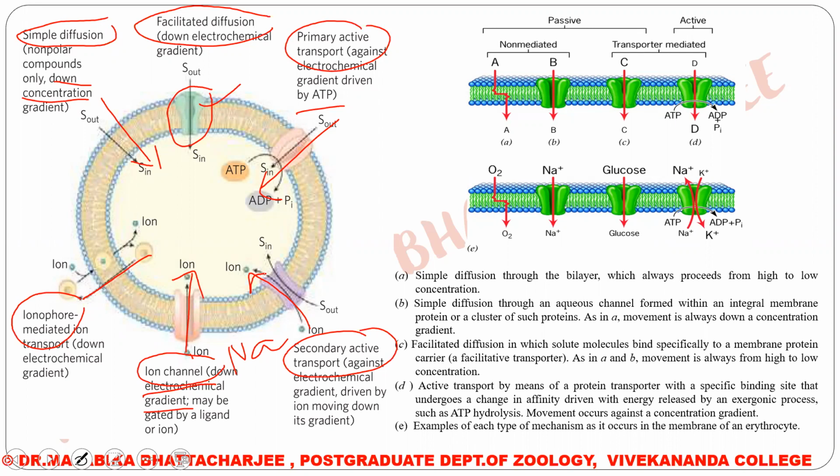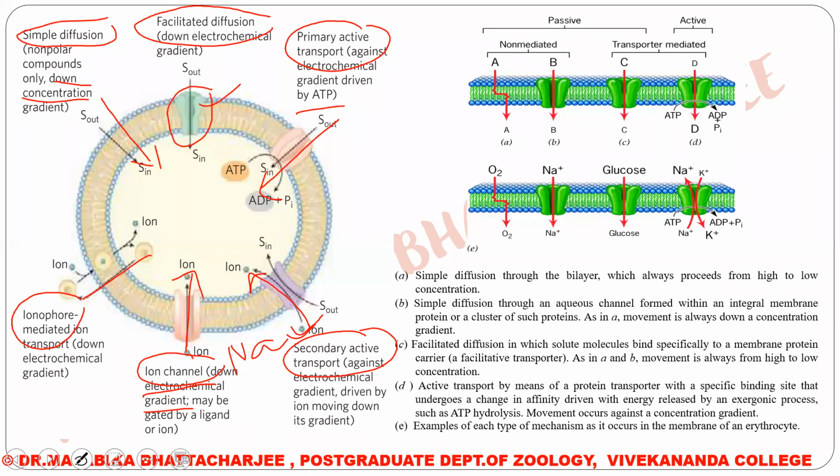Let me explain it. If the ion is moving down its electrochemical gradient, that is, from a higher concentrated region to a lower concentrated region, this movement will facilitate the movement of a solute molecule from a lower concentrated region to a higher concentrated region.